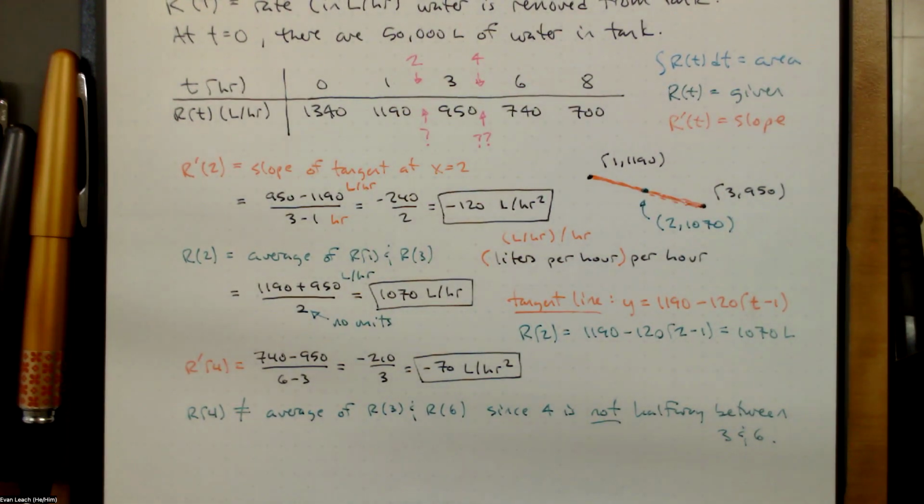Four is not halfway between 3 and 6. The reason that I'm pointing this out is that yesterday a lot of you just found the average of the 1190 and the 950, which is a perfectly valid way to do things because the 2 was halfway in between.